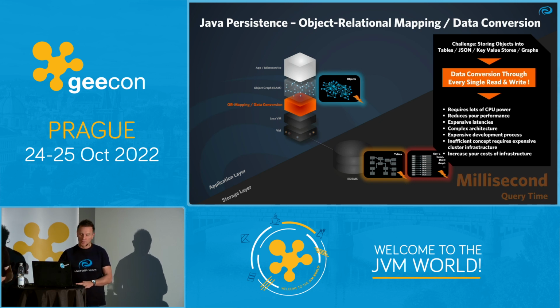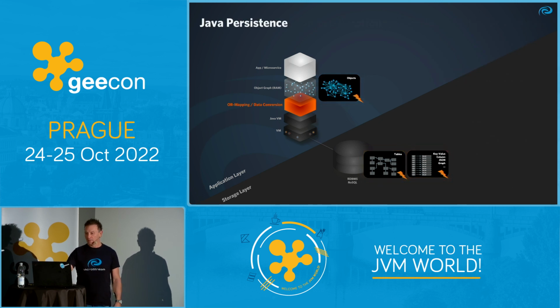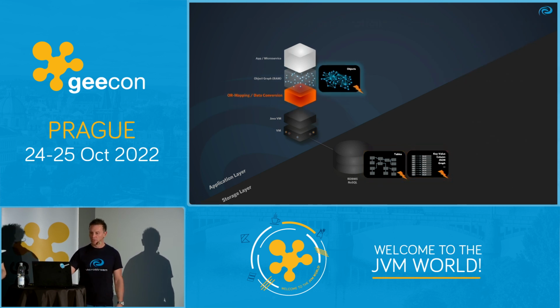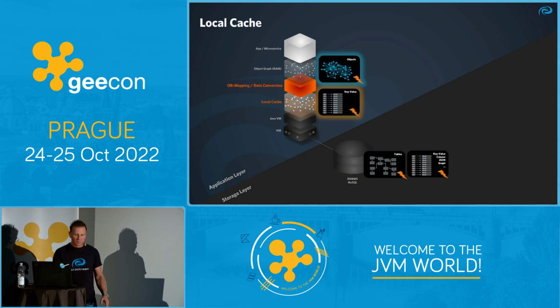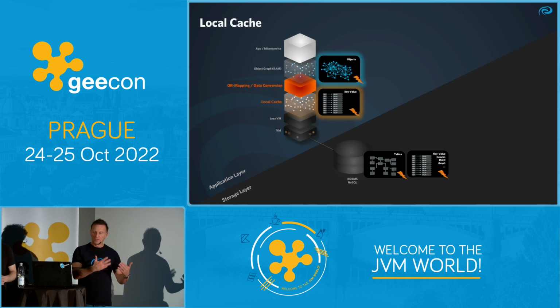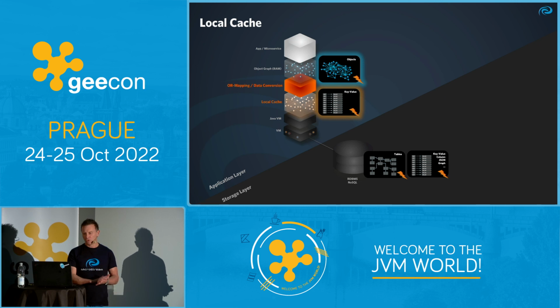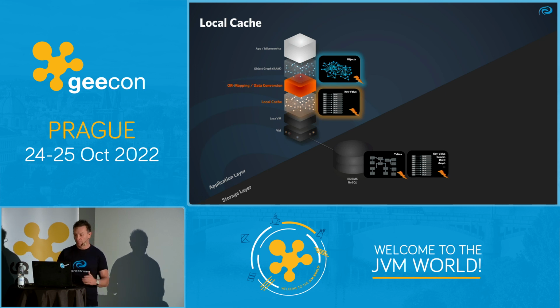And to solve this problem, to accelerate your application, we are used to adding a cache here. But we can see our complexity increases. Now we have a local cache, so we can store our result sets in memory, and that's good because memory is fast. So now the application should be faster.